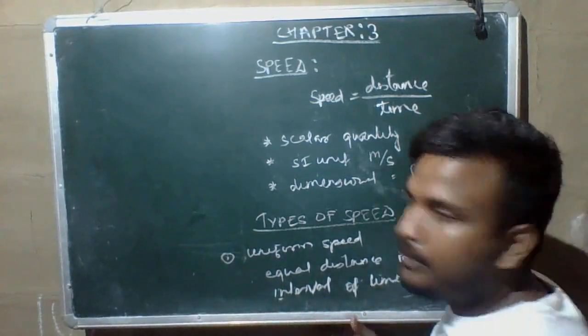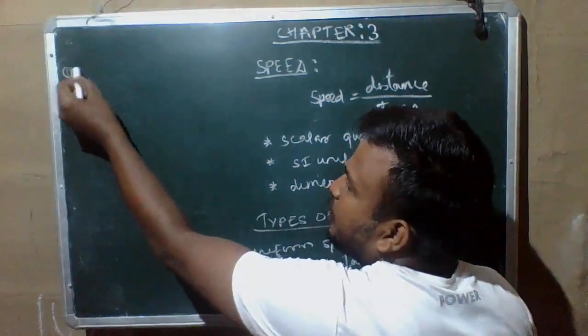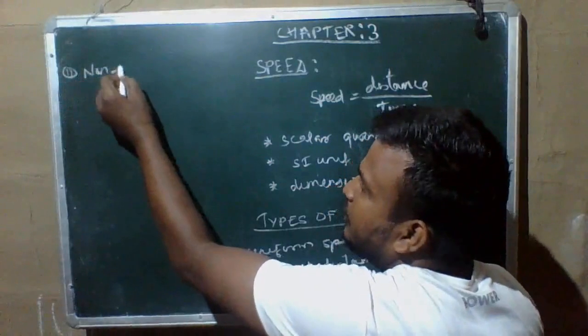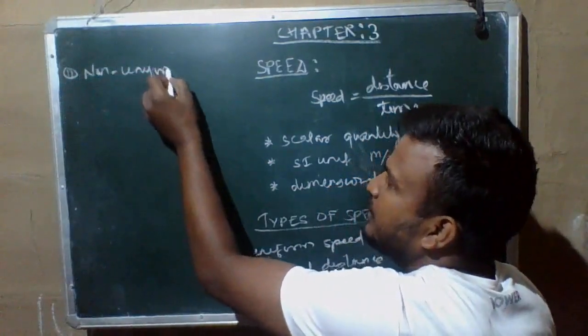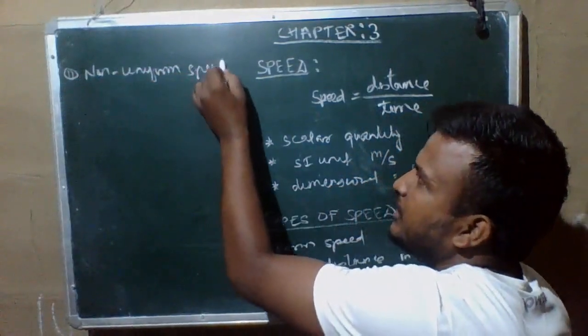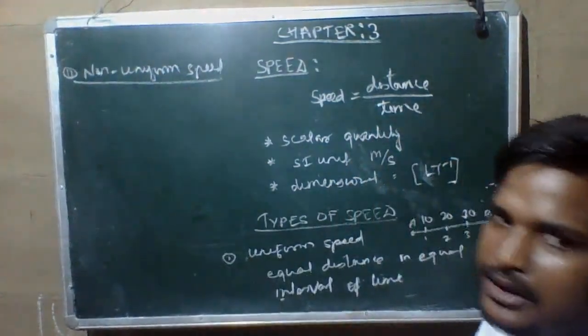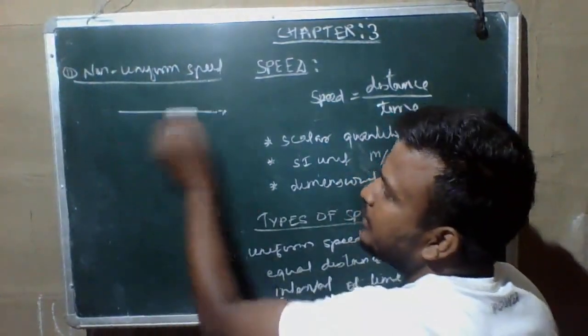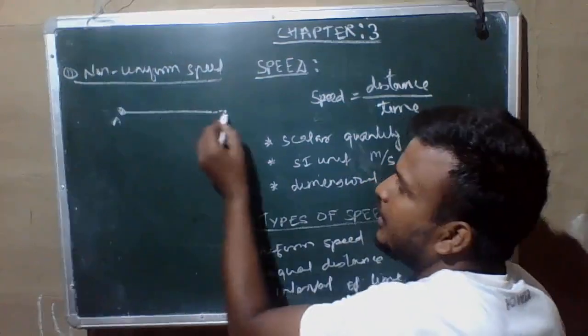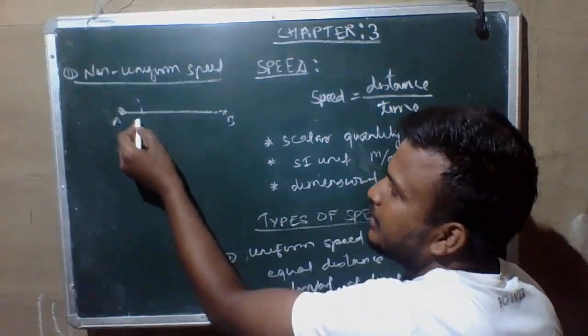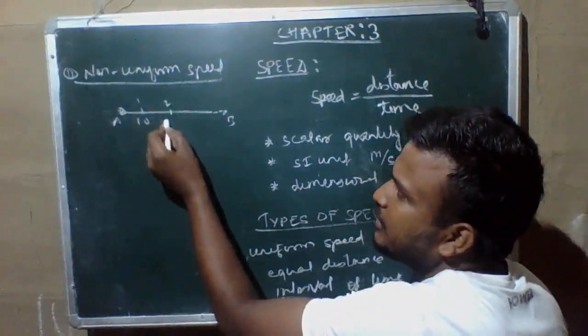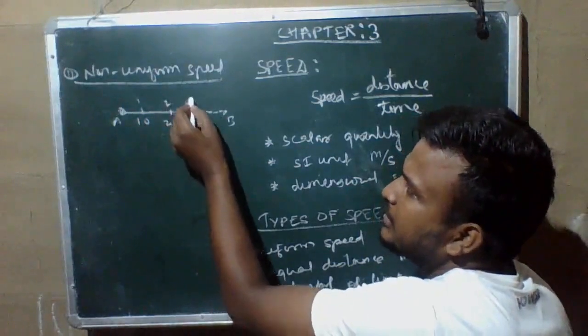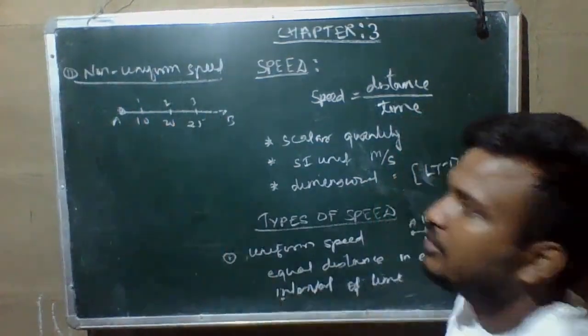Now the second type of speed we are going to see is non-uniform speed. What is non-uniform speed? Again consider two points. In the first second the distance is 10, in the second it is 20, but in the third second it becomes 25.